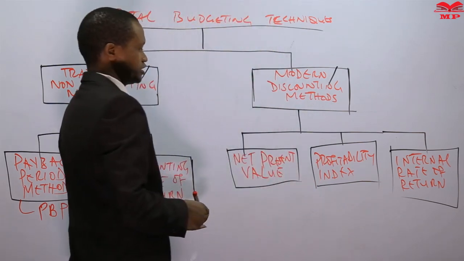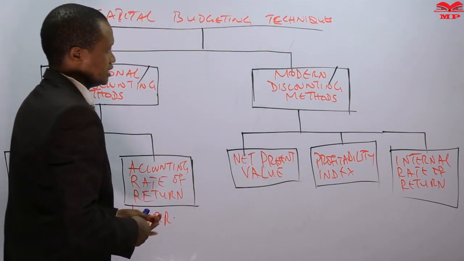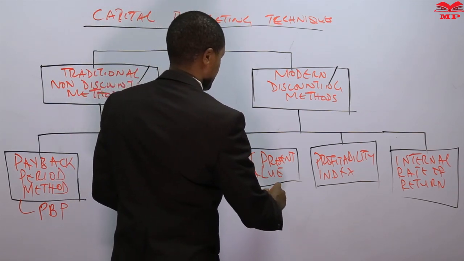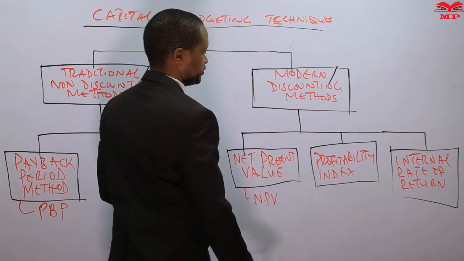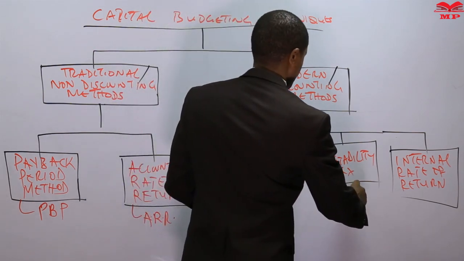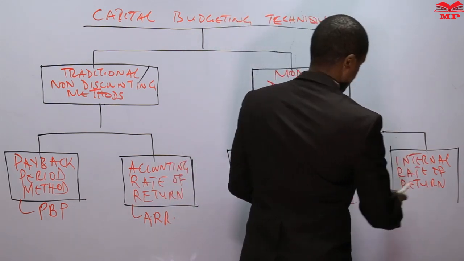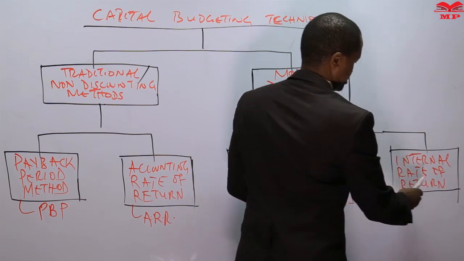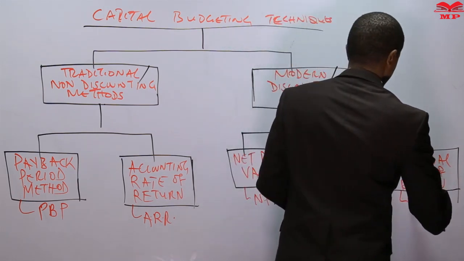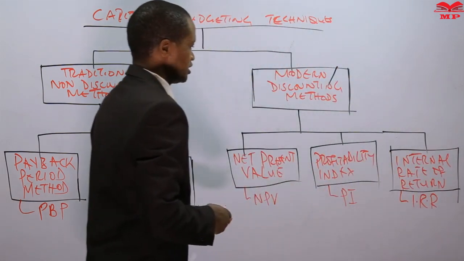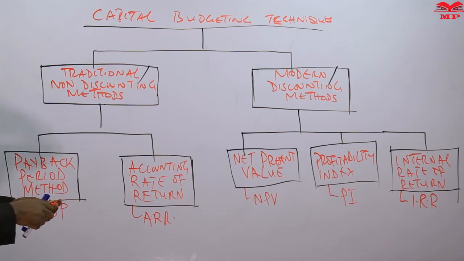So these are the methods that we'll discuss, and the net present value can be abbreviated as the NPV, profitability index as the PI, and the internal rate of return abbreviation is IRR. So these are the methods that we will discuss in this class. Number one, payback period.